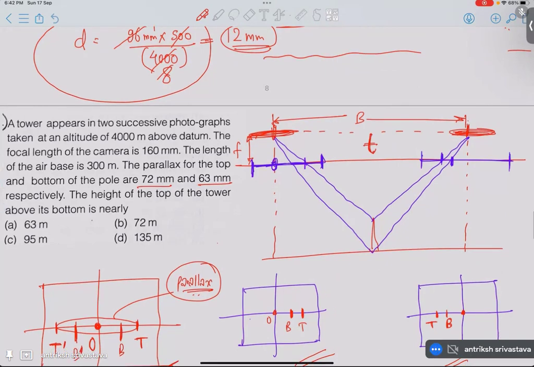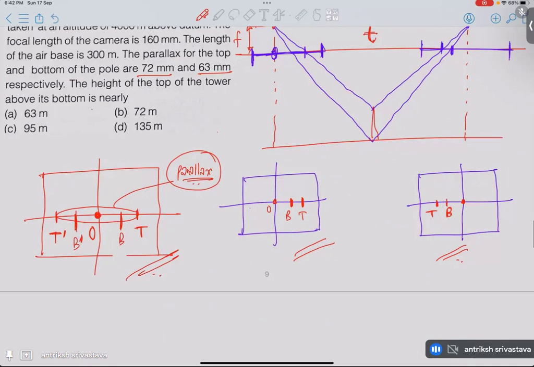In that time, the bottom of the tower has traveled from here to here, whereas the top of the tower has traveled from here to here in the photograph. So which one appears to be moving faster? Definitely the top of the tower, right? And that is the answer for the question that I asked. Which one appears to be moving faster, the bottom or the top? So the answer is the top.